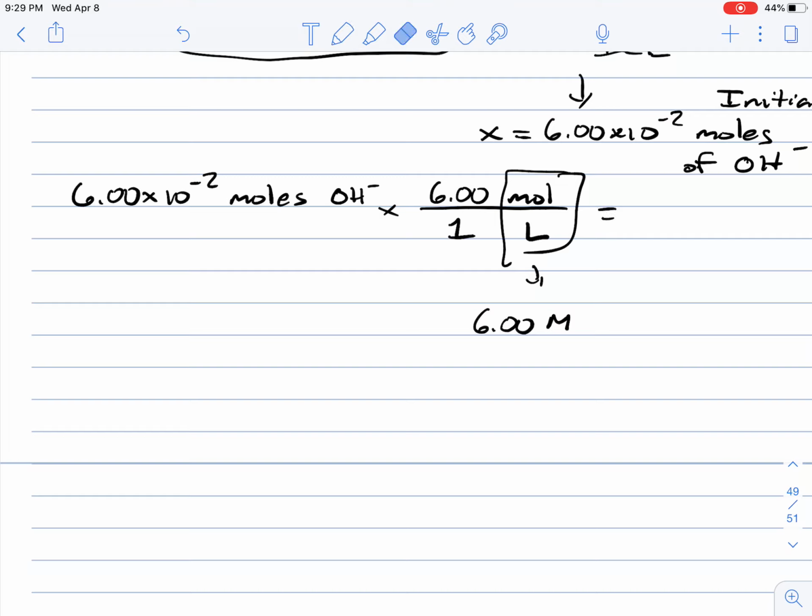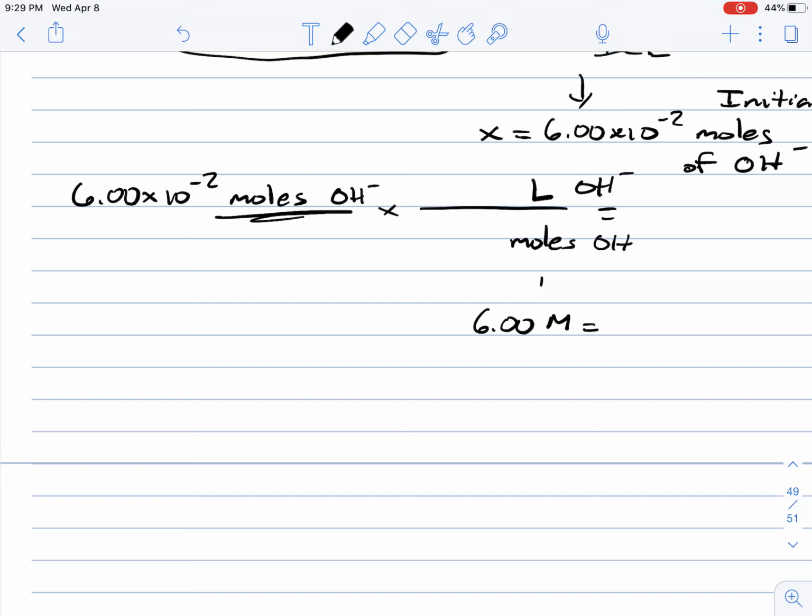Oops, actually I did it wrong. And so since moles is on the top side, we want to put moles at the bottom. And so this is going to be moles of hydroxide, and I need liters of hydroxide at the top. And so since molarity is moles per liter, for every 1 liter, that's going to give me 6.00 moles of the hydroxide.